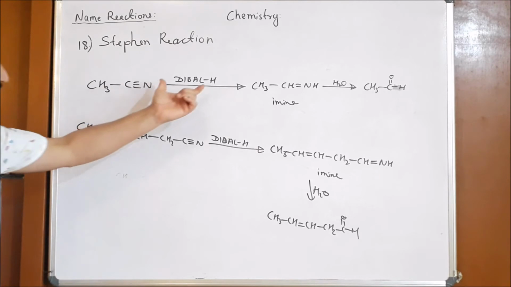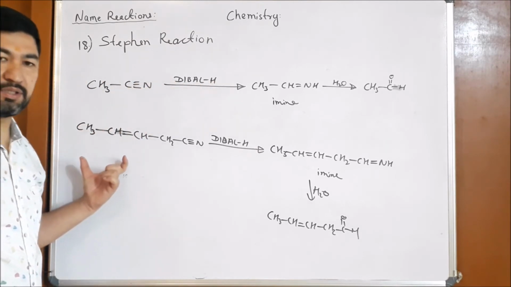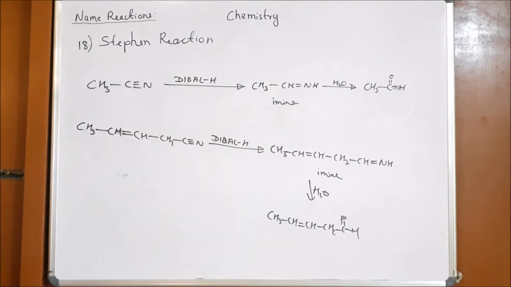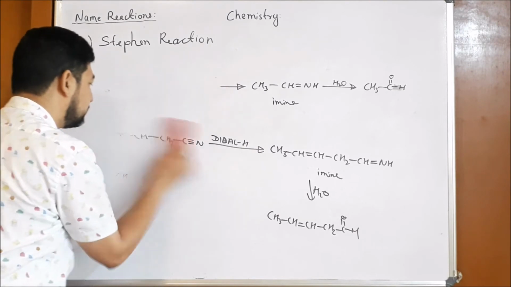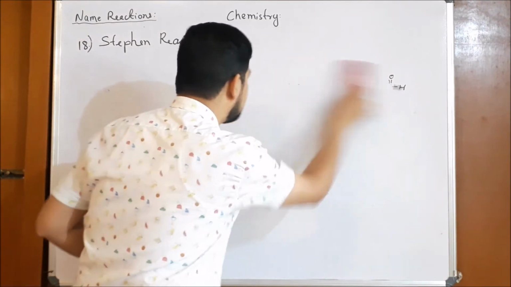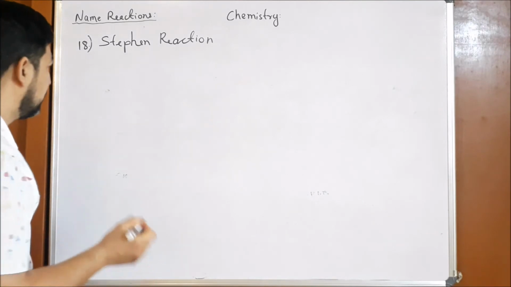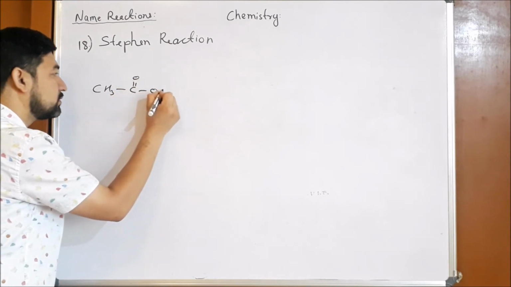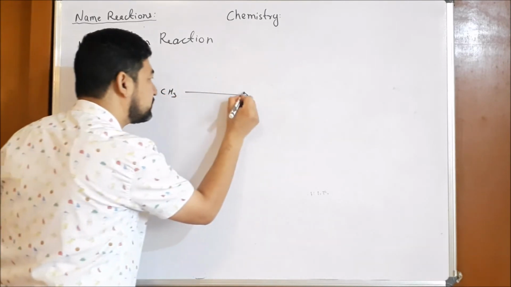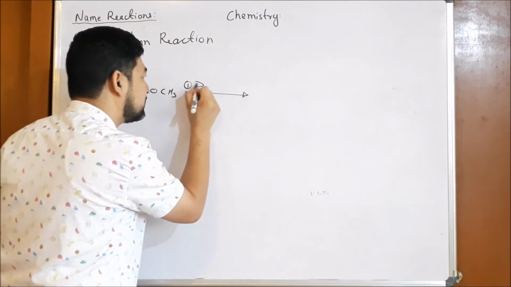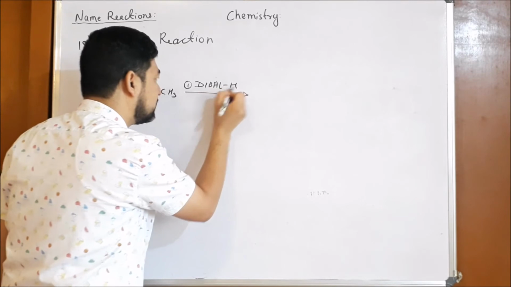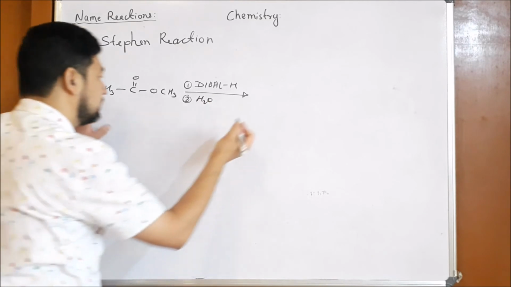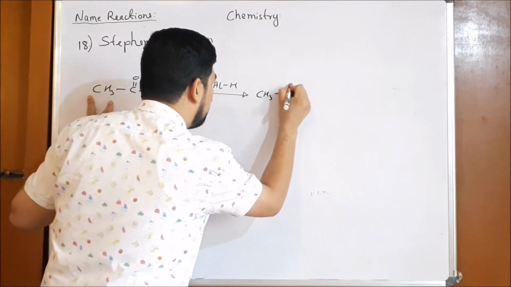Note that DIBAL-H can even convert an ester into the corresponding aldehyde. For example, if we have this ester, when it is treated in the first step with DIBAL-H, diisobutyl aluminum hydride, followed by hydrolysis, then we get CH3CHO.